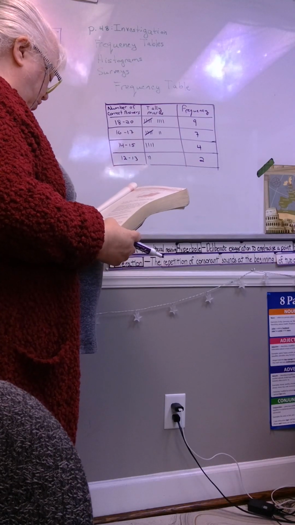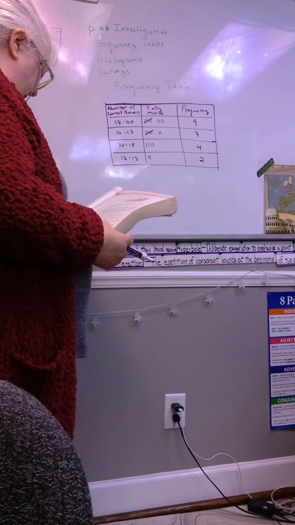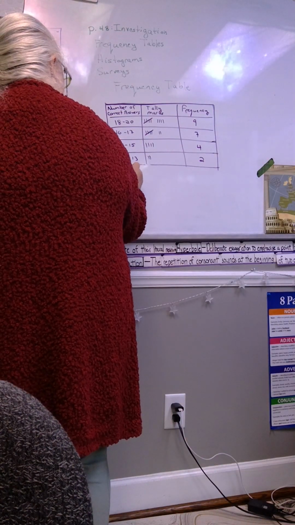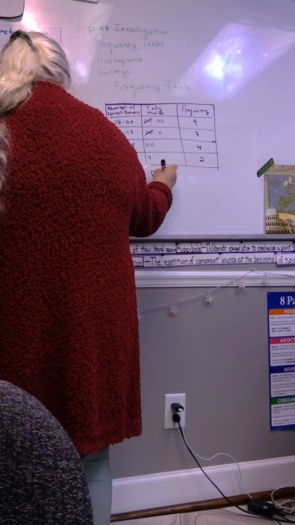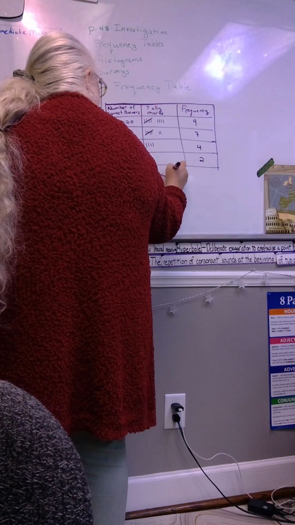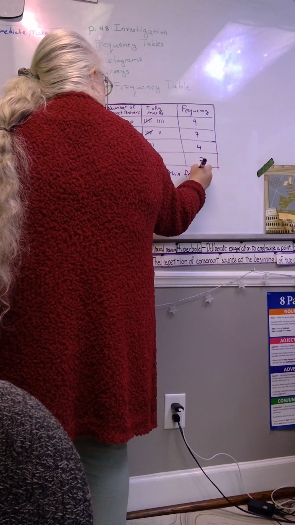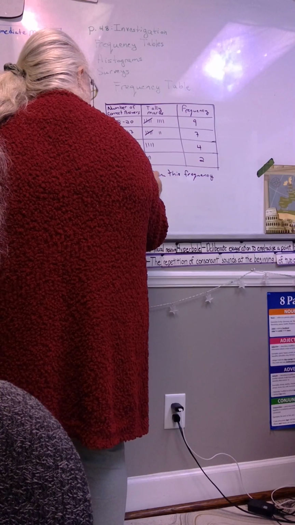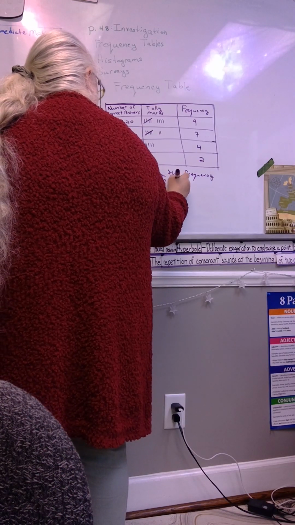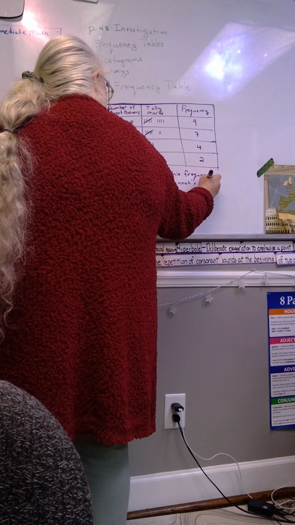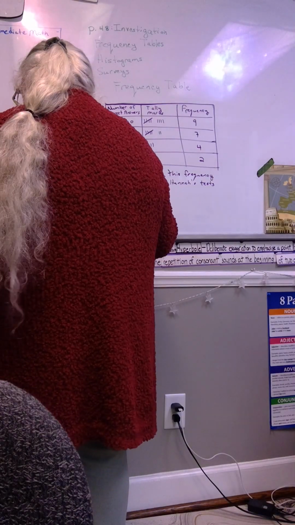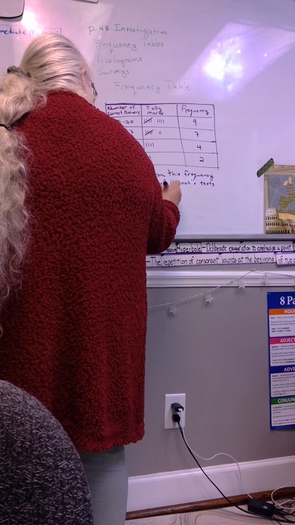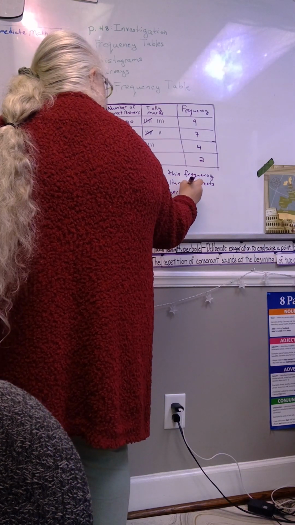So the first question is, can you tell from this frequency table how many of Hannah's tests had 20 correct answers? And then it says why or why not.